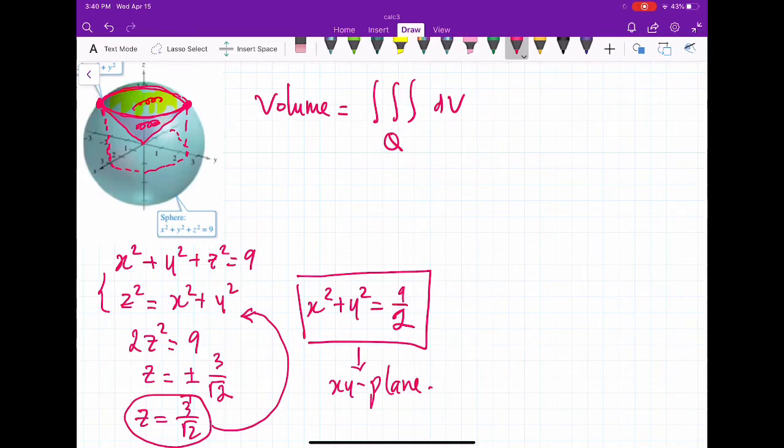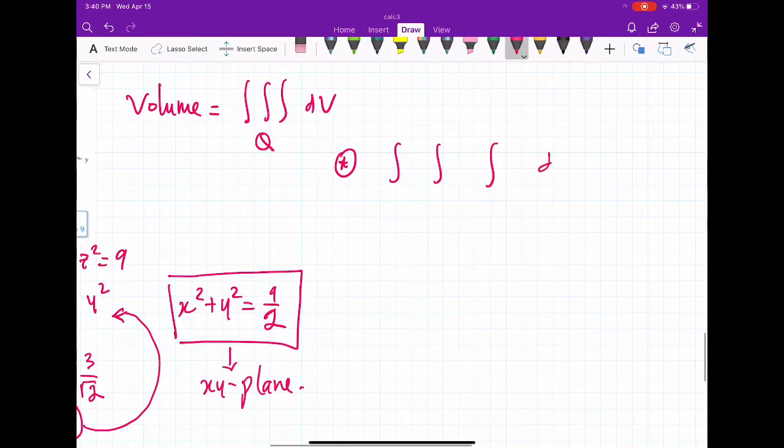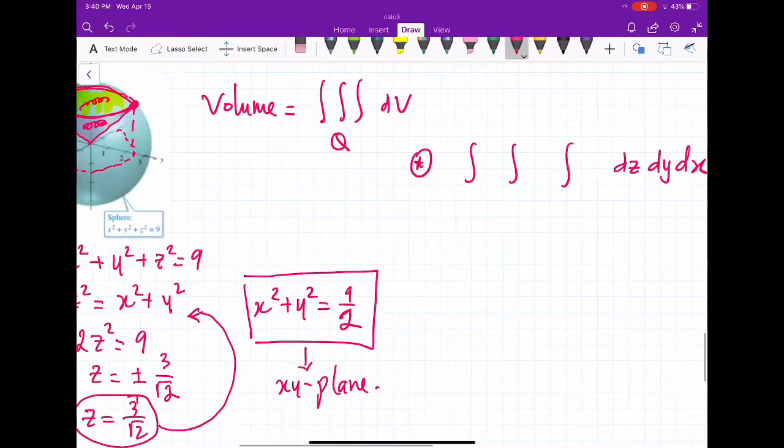Now, let's rewrite this integral in rectangular coordinates, and then we will pick the suitable one. Make sense? So I want to rewrite it as an iterated integral of dz, dy, and dx, right?